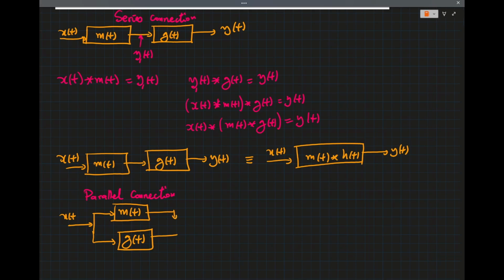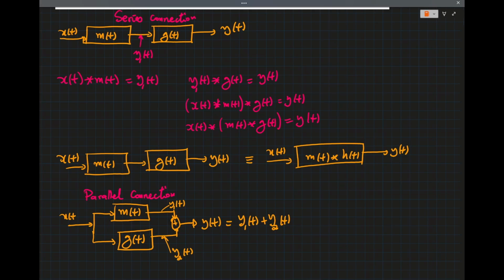When we write the output of each, let's say this is y1 of t and this is y2 of t, the output y of t is equal to y1 of t plus y2 of t.